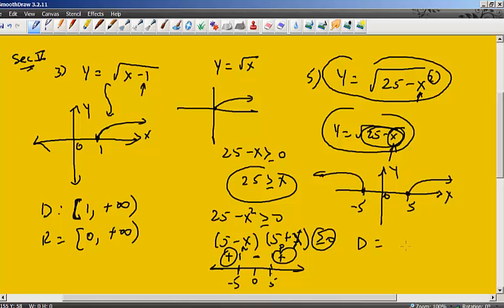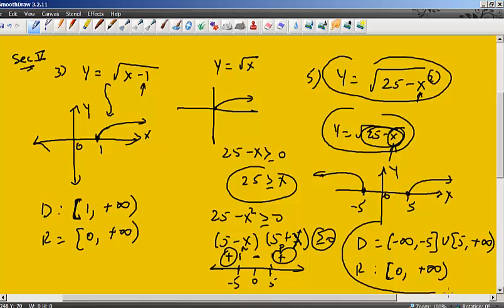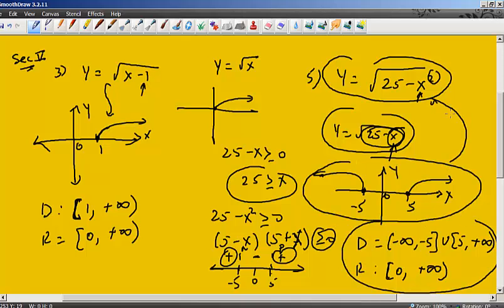The domain in interval notation is negative infinity to -5, union 5 to positive infinity, because it goes to the right. And the range starts at 0 and goes up, so the range is 0 to positive infinity. And that's what the graph of that function looks like.